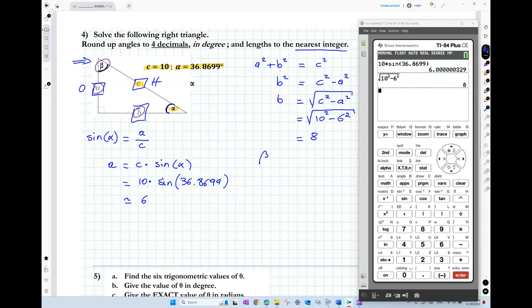Let's do it here. Beta is 90 minus the other acute angle, and 90 minus 36.8699, I will have 53.1301 degrees. But I'm going to show you another way to find it using inverse trigonometric functions, operations.